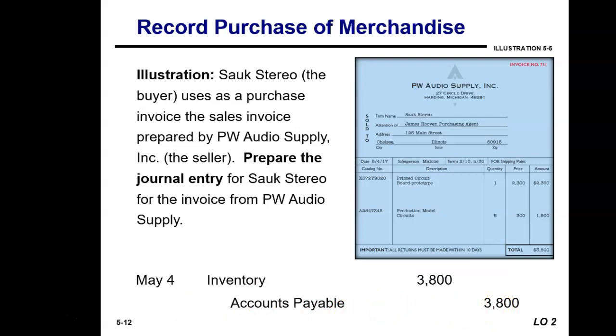You would debit the inventory account for $3,800, credit accounts payable for the same. By the way, what type of an account is inventory? If you said it's an asset, you are correct. To be more specific, inventory is known as a current asset account to be shown on the balance sheet.